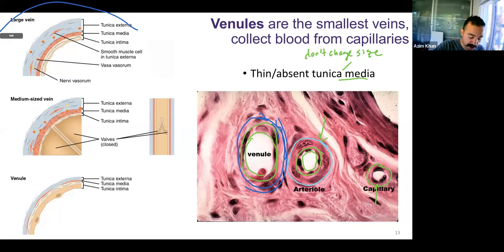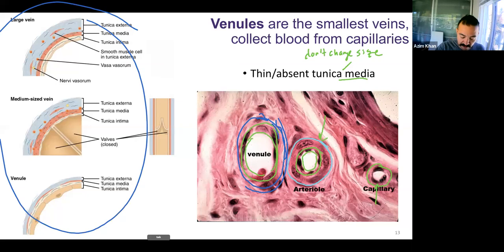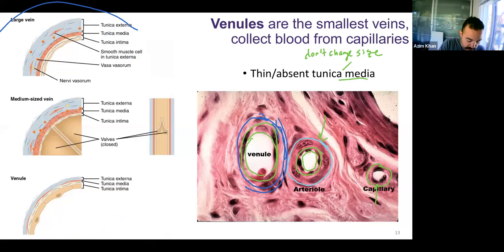In comparison to other veins that we're about to discuss, you can see here on the left, venules, that if there is a tunica media, it's really small. Every blood vessel has tunica intima, and then it has externa to reinforce the outside. They're just drawing blood away from the capillaries towards larger veins.